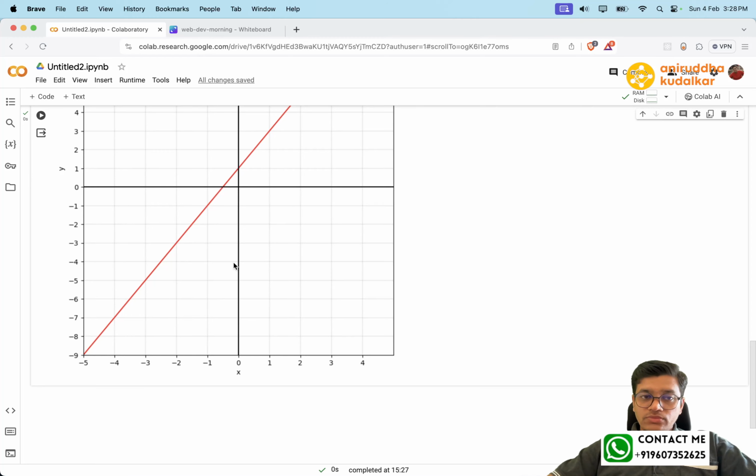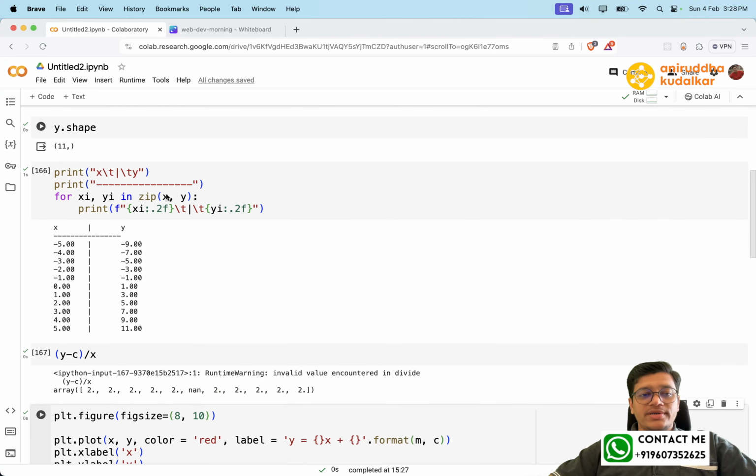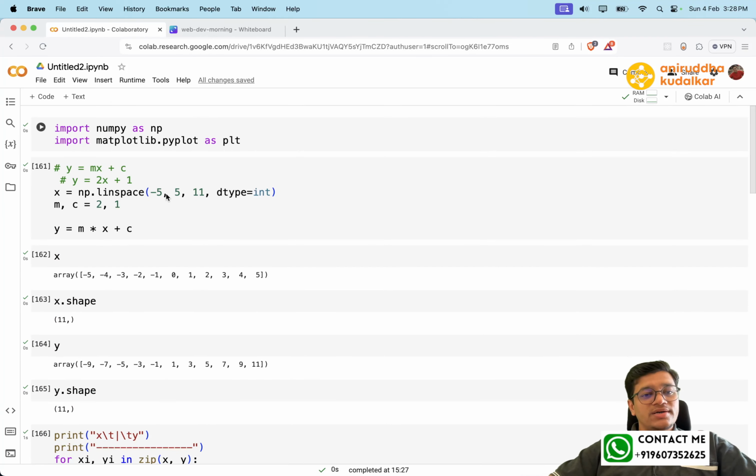Whenever you talk about the slope intercept form, you need to remember these things. What do you mean by m? What do you mean by c? What do you mean by a line passing through the origin? The slope of a horizontal line, the slope of a vertical line.